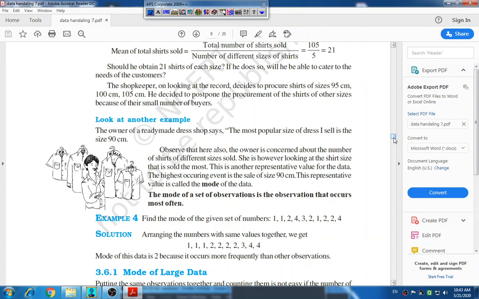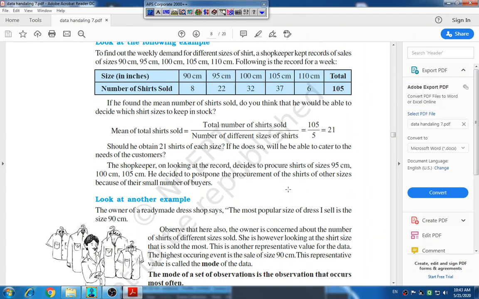The shopkeeper, on looking at the record, decided to procure shirts of sizes 95 cm, 100 cm, and 105 cm, and he decided to postpone the procurement of shirts of other sizes because of their smaller number of buyers.